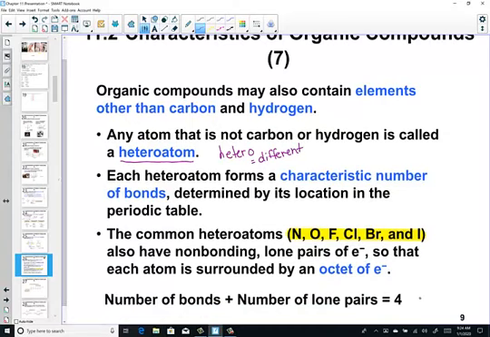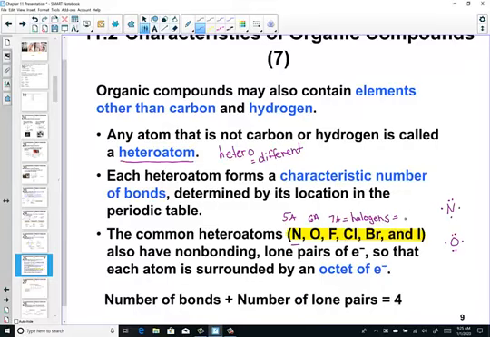Some common heteroelements include nitrogen, which lives in group 5A. Nitrogen would have a Lewis dot structure showing 5 valence electrons. We could see oxygen. Oxygen lives in group 6A. So when we consider the Lewis dot structure for oxygen, we see that it has 6 valence electrons. Fluorine, chlorine, bromine, and iodine are all known as the halogens.